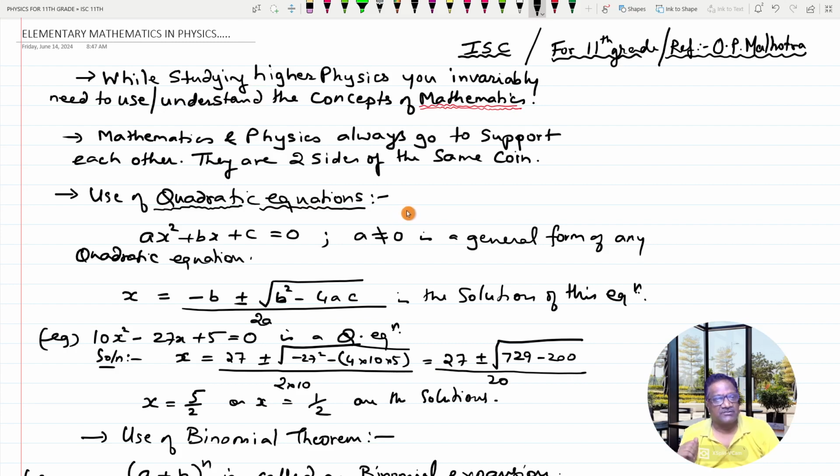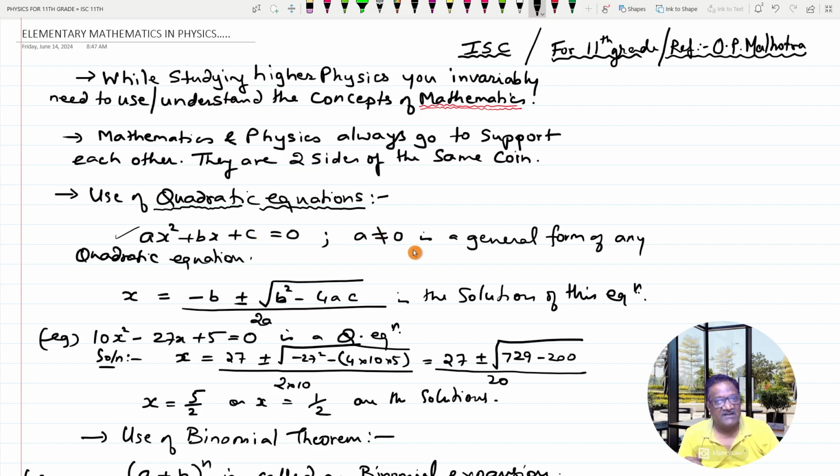In a general way, you can write a quadratic equation as ax square plus bx plus c equal to 0, such that a is never equal to 0, because if a is equal to 0, then the first term x square will vanish, and your equation will get converted to a linear equation. It will no more remain a quadratic equation. So a should not be equal to 0.